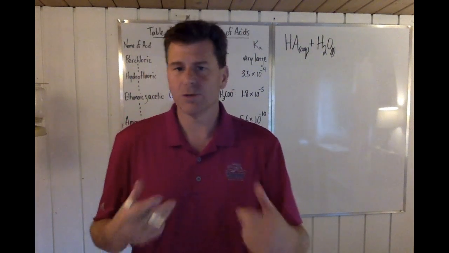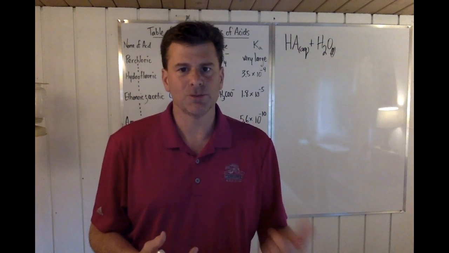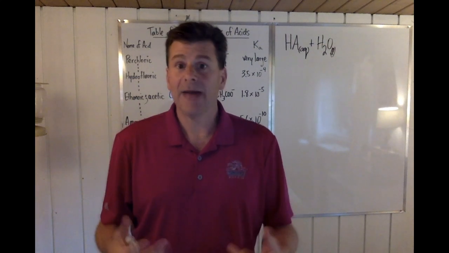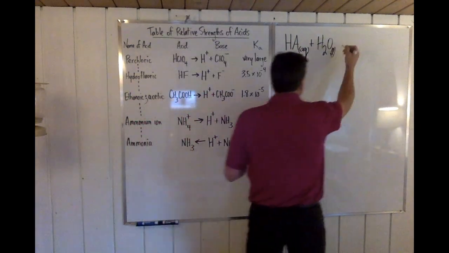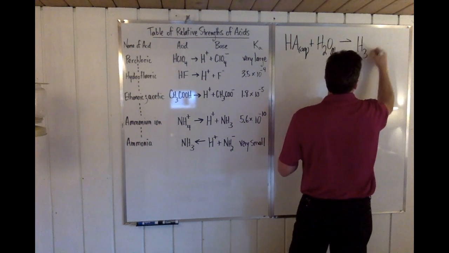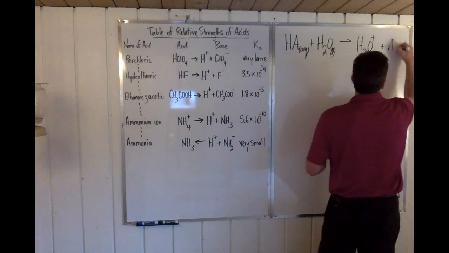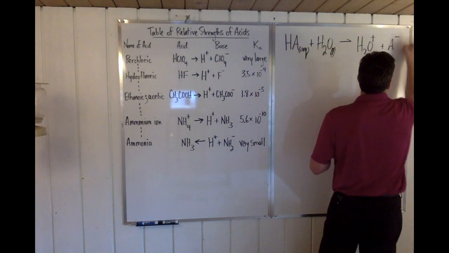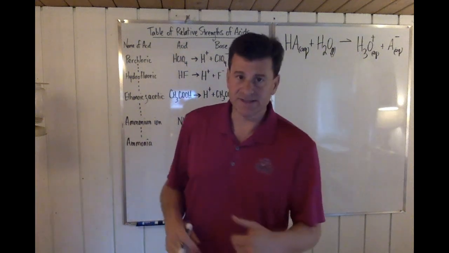Now we're talking about weak acids, which means that they don't really get rid of H's super easily. So what happens is an HA might bump into a water molecule, might go this way and form hydronium, and whatever the anion is.